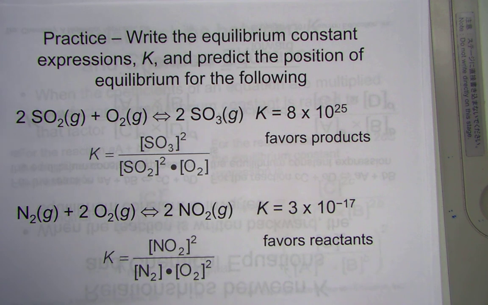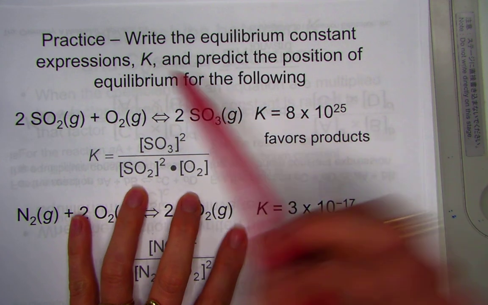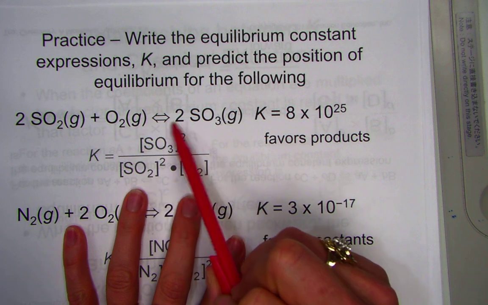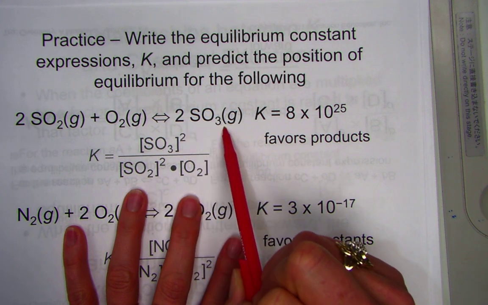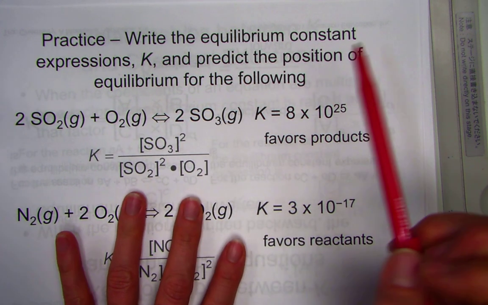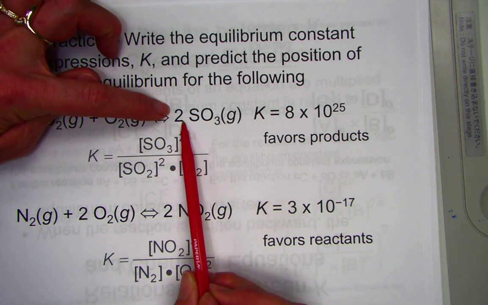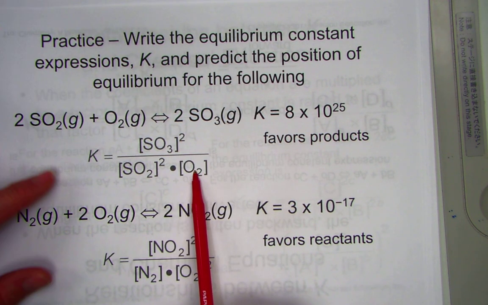In this practice, we're being asked to write the equilibrium constant expressions and predict the position of the equilibrium for the following examples. I know the answers are right here, but let's at least talk through them. First of all, 2 units of SO2 are reacting with oxygen to form 2 units of SO3, a 2 to 1 to 2 stoichiometric ratio. Products over reactants, where the coefficients become the powers with which they're raised.